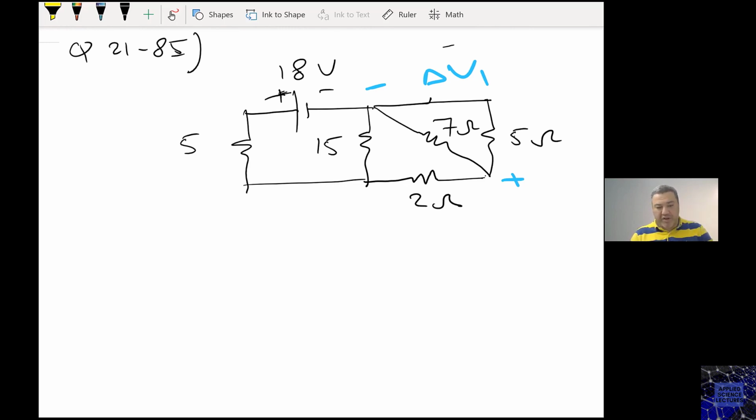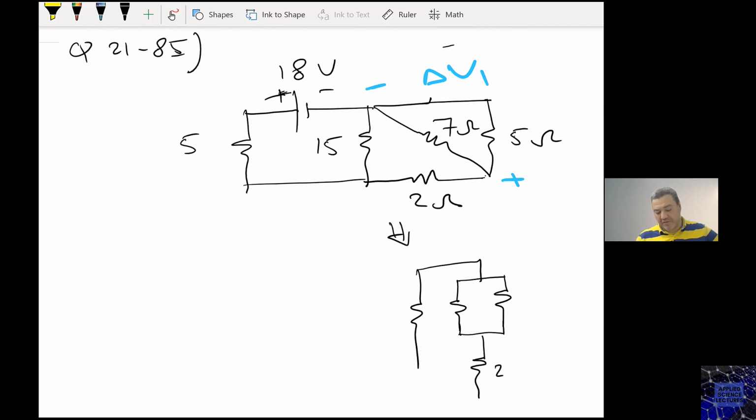So let's rearrange this circuit, and I want you to pay attention to what I'm going to do right now. I have 7 and 5 in parallel. The resulting resistor is in series with the 2 ohm. So if I redraw the circuit, this is 5. I have here 5 and 7 in parallel, and then the resulting resistor is in series with the 2.